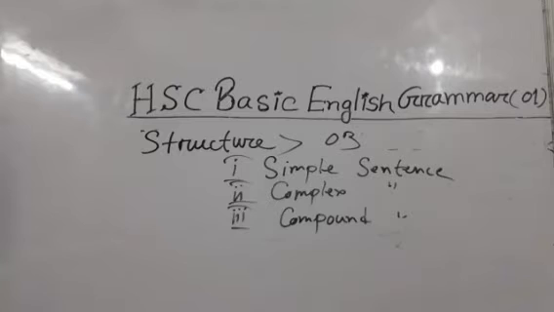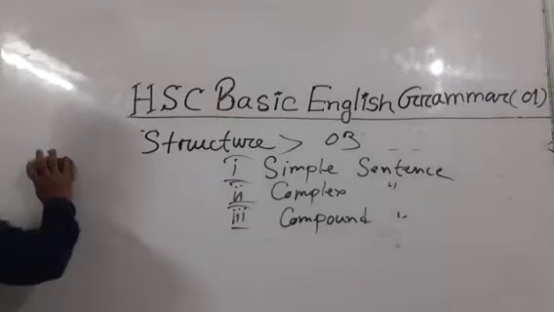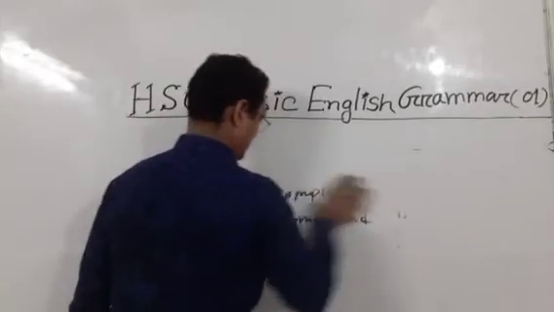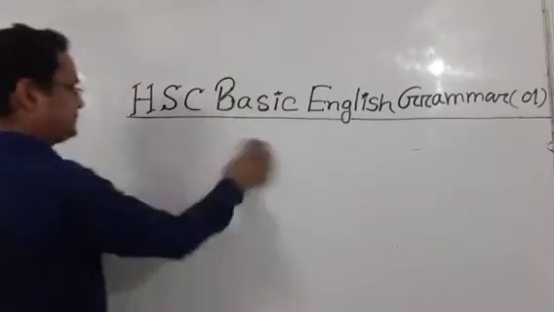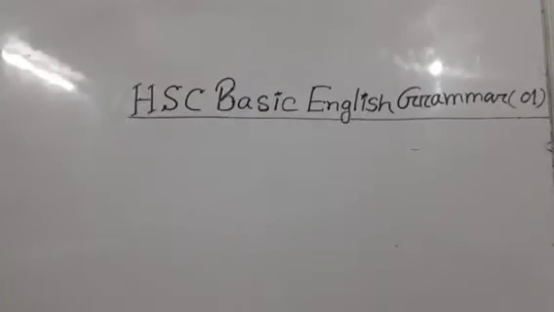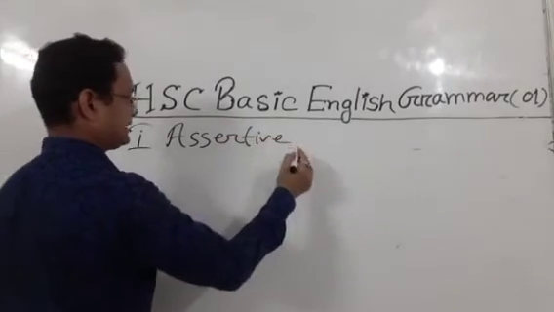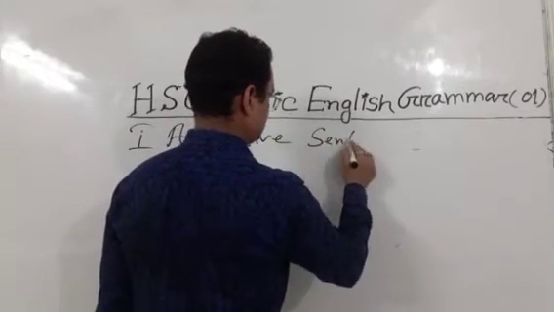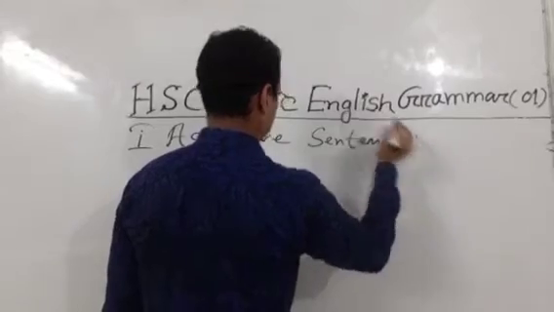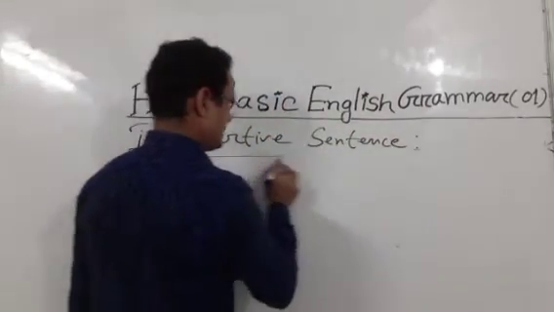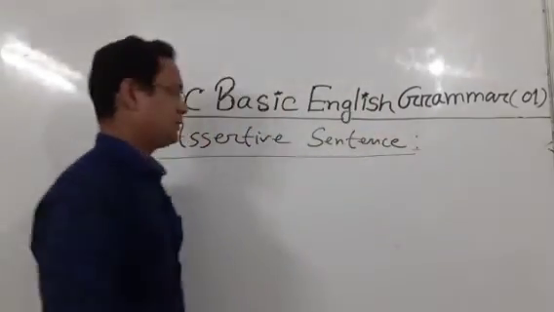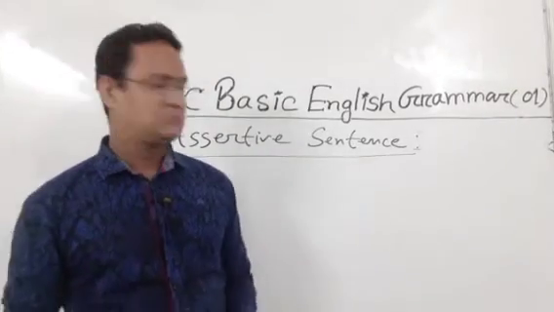a clear description for classification of sentence according to meaning. According to meaning, our first sentence was assertive sentence. So what does the assertive sentence mean? Do you know what is assertive sentence?